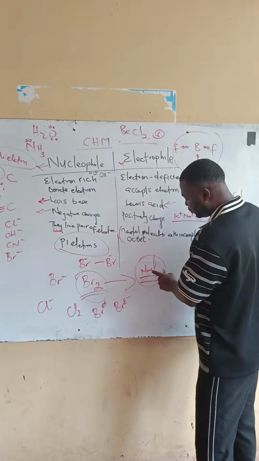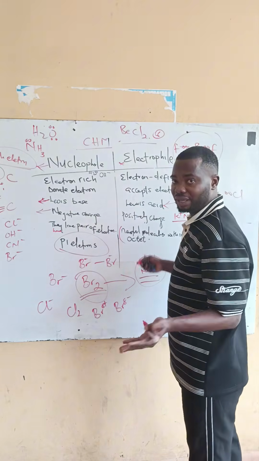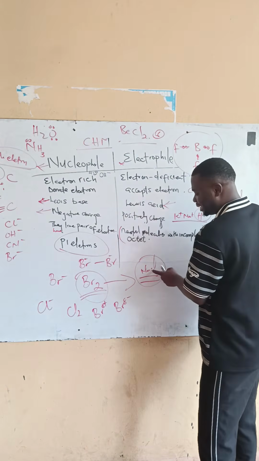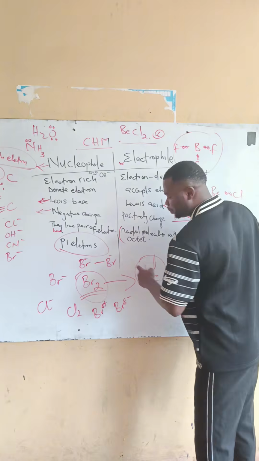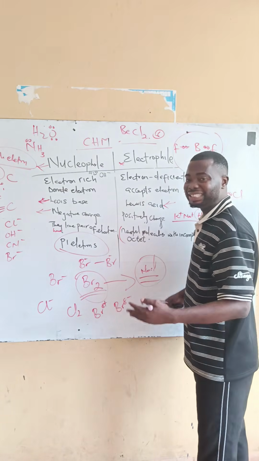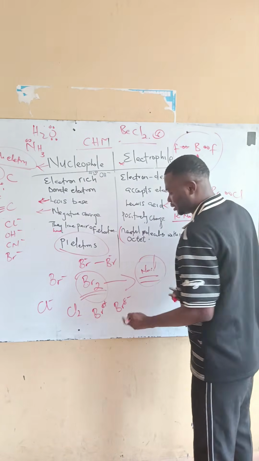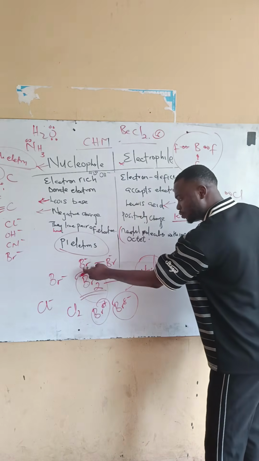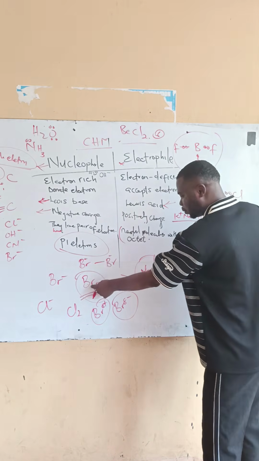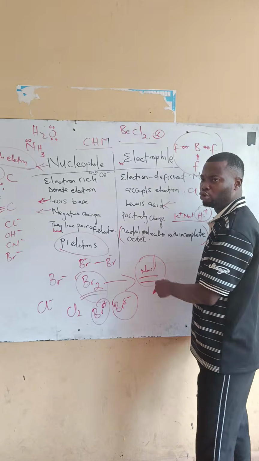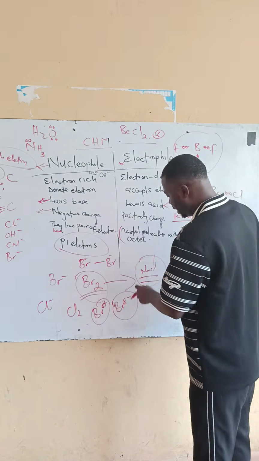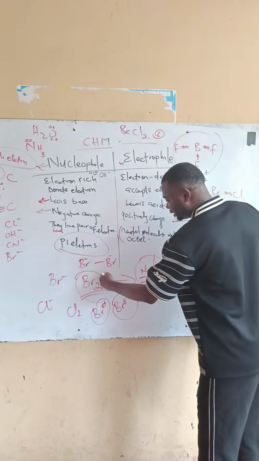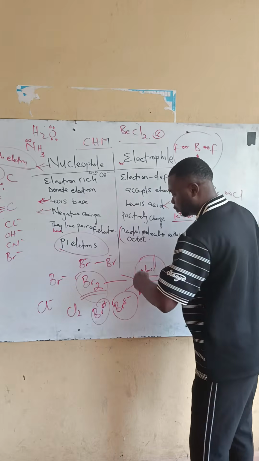Now, by the time you move a Br2 that has a lot of electrons inside it closer to a nucleophile, it will cause this Br2 to be easily polarized. So we have Br partial positive, Br partial negative. Initially, what we have is neutral, but because this guy comes in contact with a nucleophile that has more electrons, and electron sees electron, it will repel.